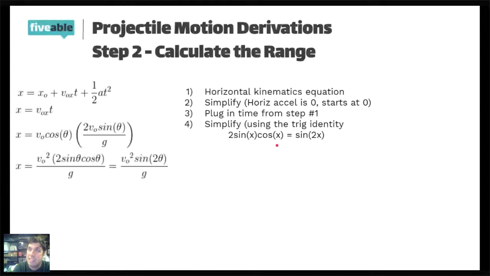Okay, so sine has its maximum value of 1. It goes from -1 as the smallest to +1 as the biggest. And that happens at a 90-degree angle. So in this case, 2 times theta should be 90, which means this projectile launching and landing at the same height should have its maximum value when the angle is 45 degrees.